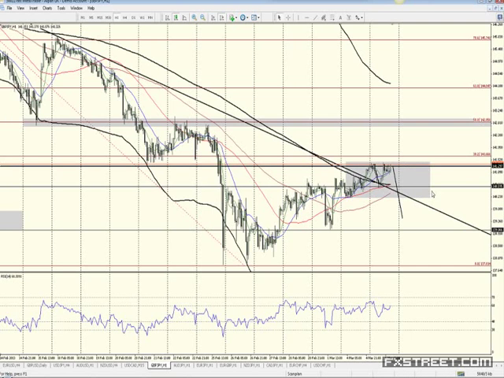But at the moment, we actually have this high here being tested at about 140.150, and a break above that, we could open up this 50% retracement level there.